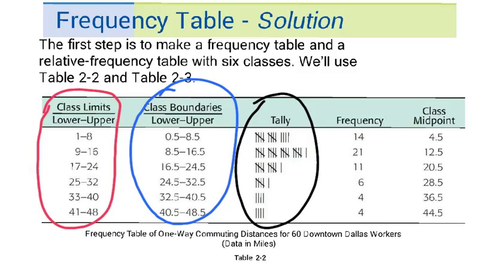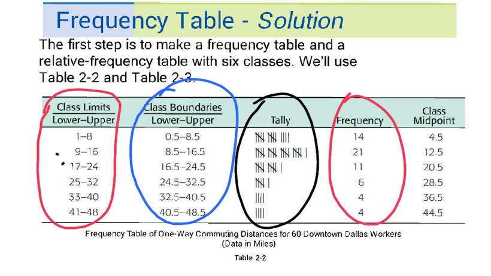This is where we count how many instances fall within the class from 1 to 8 miles versus the class from 17 to 24 miles, and so on. We count up those frequencies over here to give actual numbers so we know how high to make the bar of our histogram.